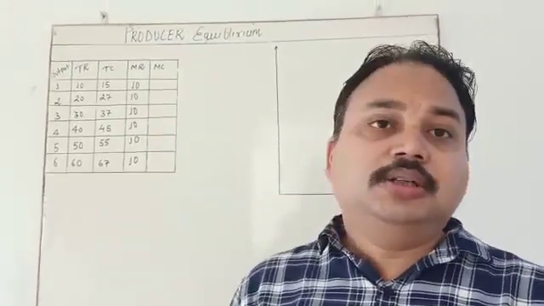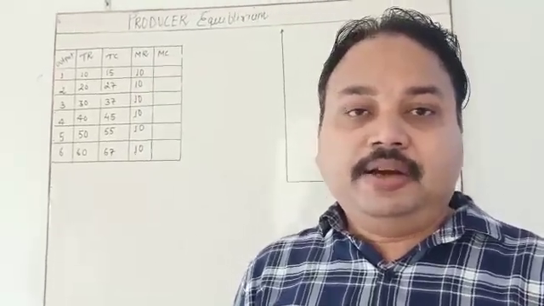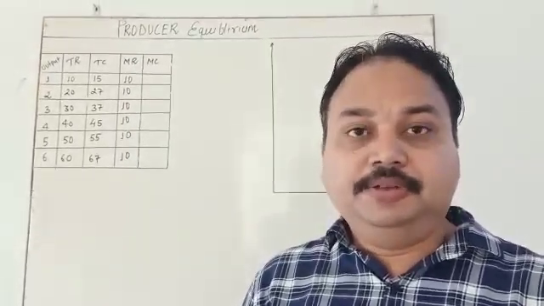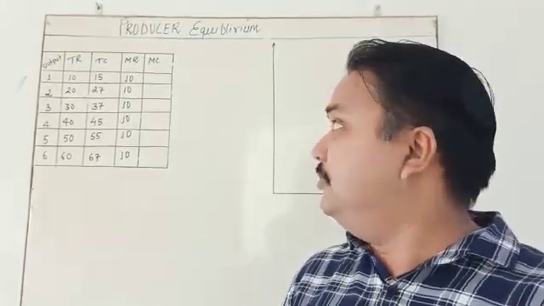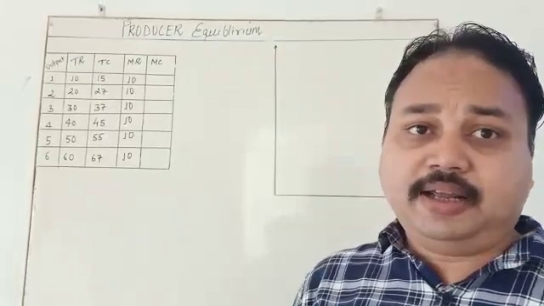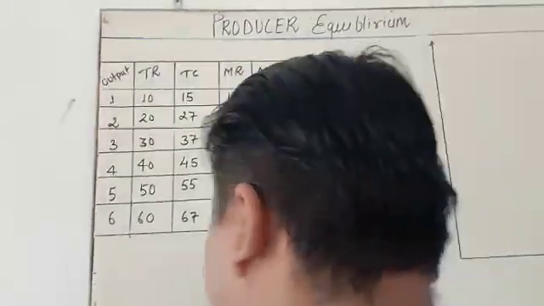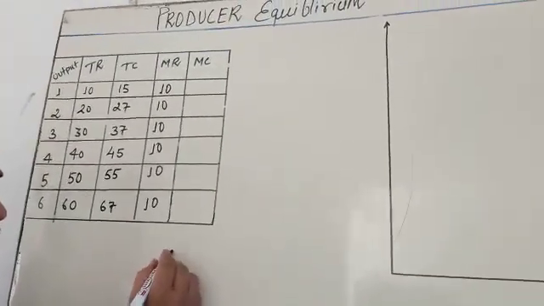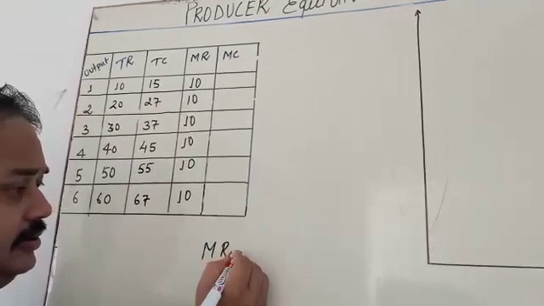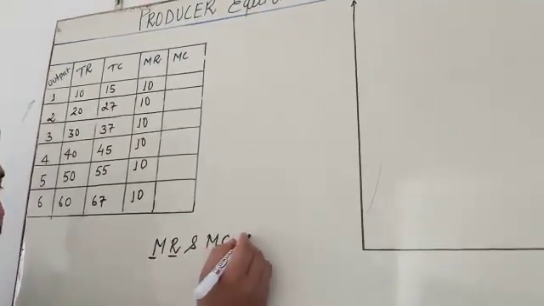My dear student, the first concept is the TR-TC approach that we have already studied in a previous video. So I am going to teach a second method, that is the MR and MC approach. My dear student, what is the MR and MC approach? You have to see MR and MC, that is marginal revenue and marginal cost approach.